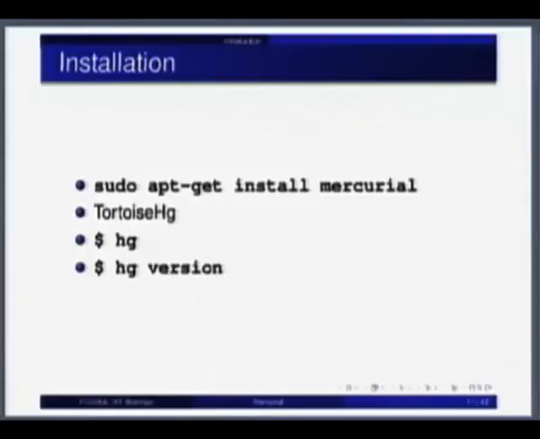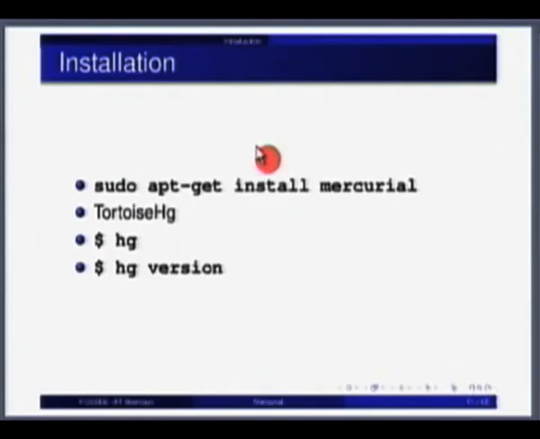So how do you install Mercurial? I think all of you should have it installed already. Okay, so let's proceed. With respect to installation, if you are on a Debian or Debian-like system, I think you have to do sudo apt-get install mercurial. TortoiseHg is a Windows client, so there are a variety of options for installation.